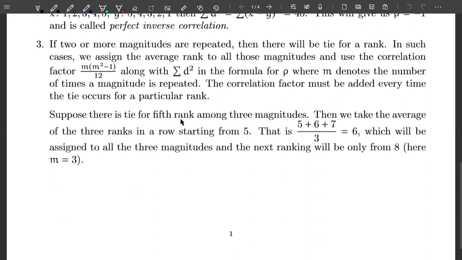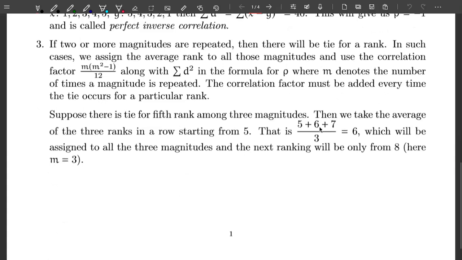Suppose there is a tie for fifth rank among three magnitudes. So three students have got the same marks and they all should be assigned the fifth rank. Then in such a case there is a tie. To assign rank for every student here, we take the average of the three ranks in a row starting from 5.